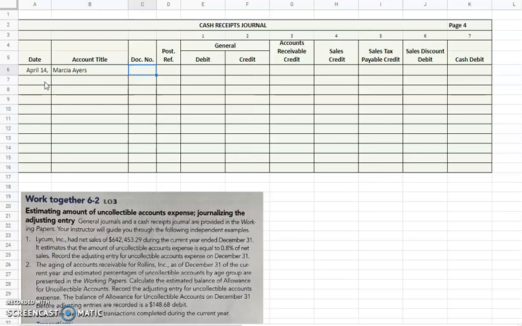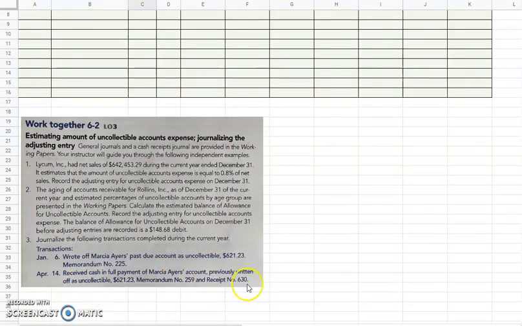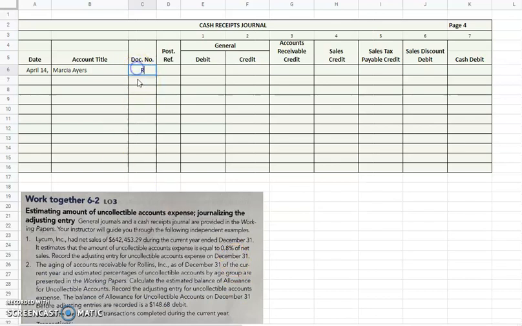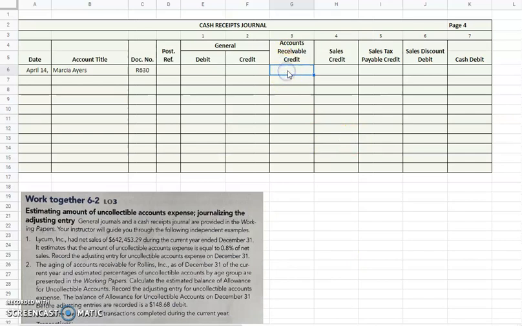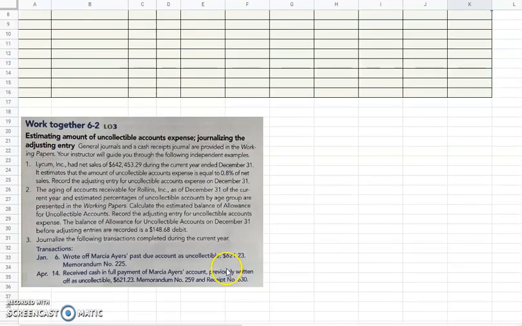Our document number, what is the receipt number? 630. And this will be an accounts receivable credit. And again, $621.23 was the amount. And then also in your cash debit.